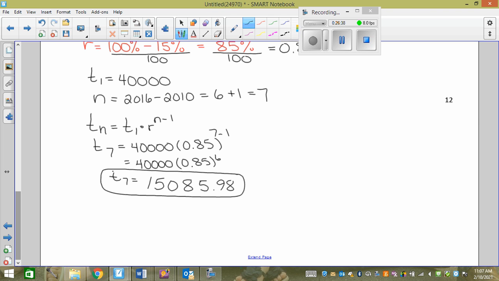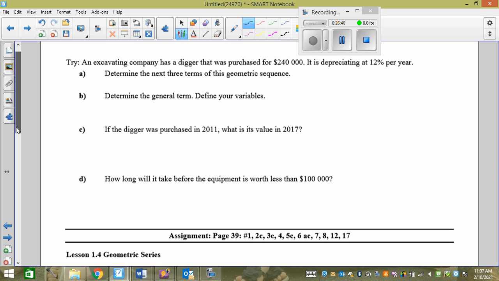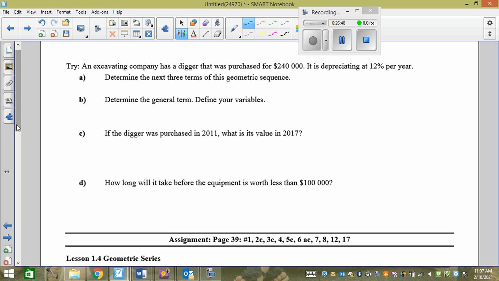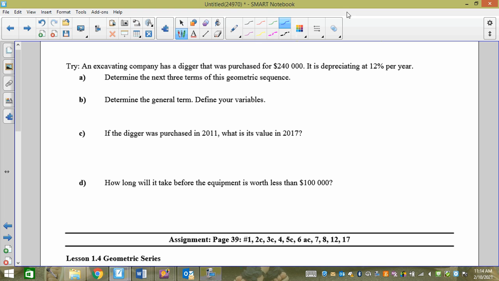Okay, then we're going to flip over. I want you guys to try this one. This one's depreciating again. The excavating company has a digger that was purchased for 240,000, so that's my T1.